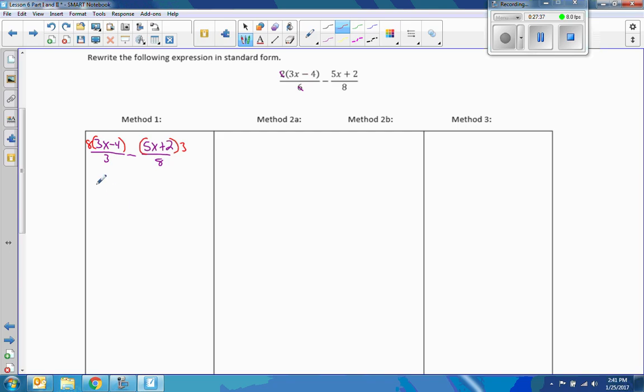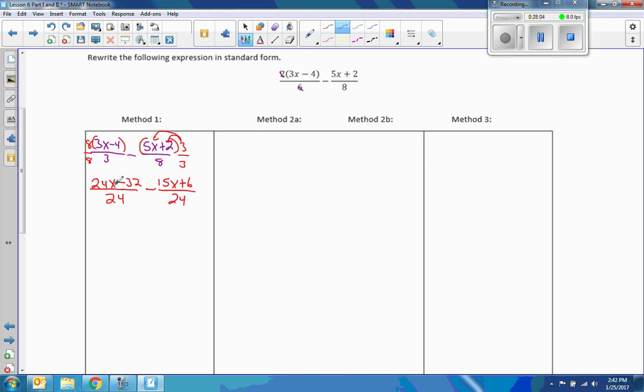Okay, so when I do that, 8 times 3x is 24x. Positive times a negative is negative. 8 times 4 is 32. Over, and I'm multiplying by 8 over 8, by the way. 3 over 3, so that's 1. 8 times 3 equals 24. Minus 3 times 5x is 15x. 3 times 2 is 6.